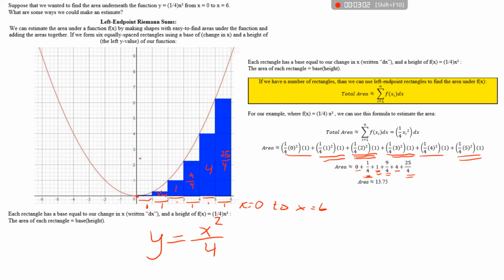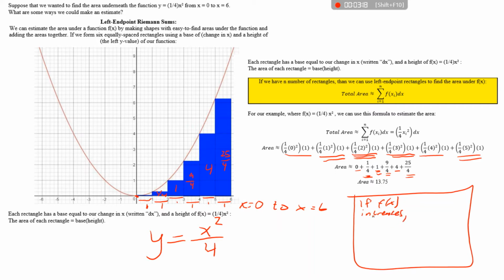With a left Riemann sum, as long as our function is increasing, if f of x increases, then a left-endpoint Riemann sum will underestimate the area.